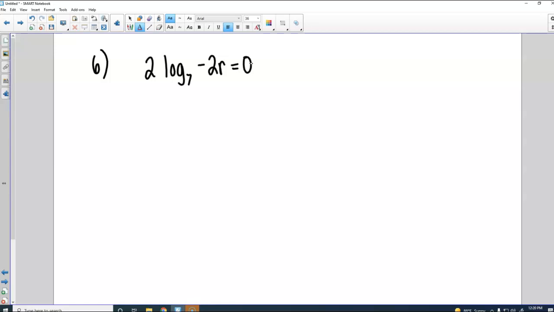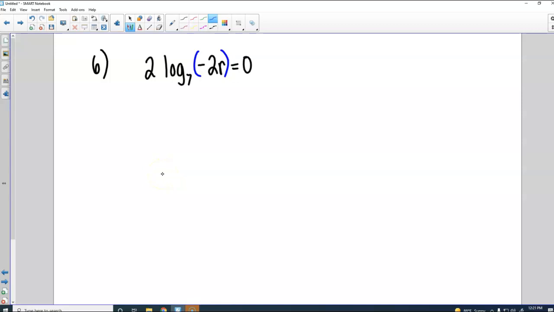But it actually is log base 7 of negative 2r. There should really be parentheses around that to clarify. So I don't like the way that problem is formatted because it looks weird. But the parentheses will help us a little bit here.